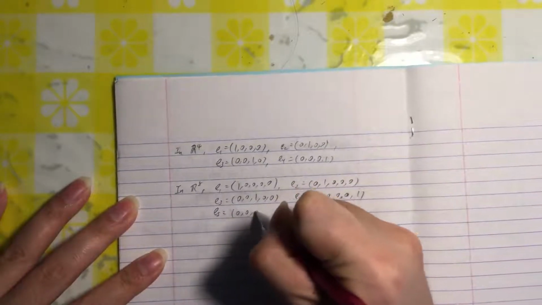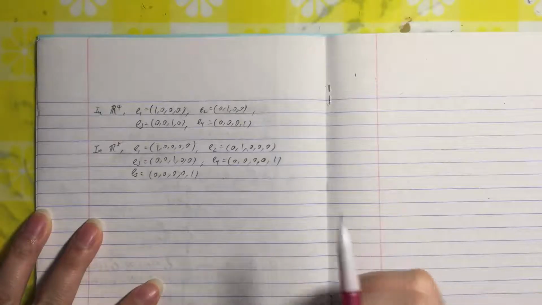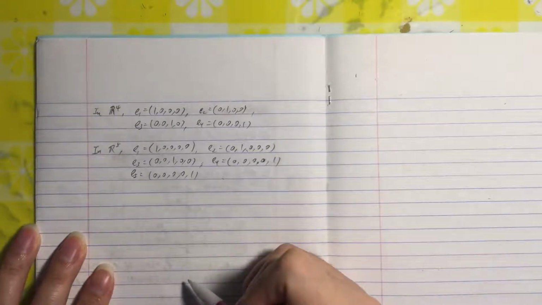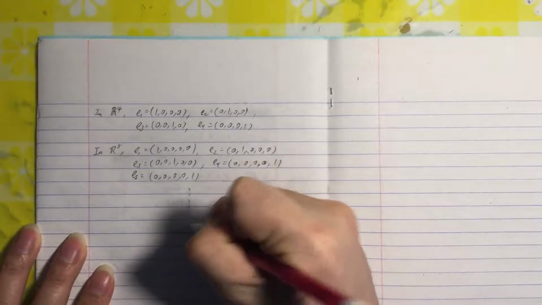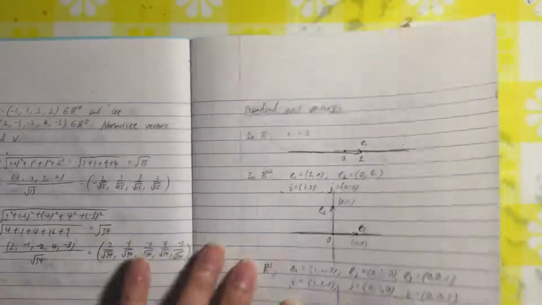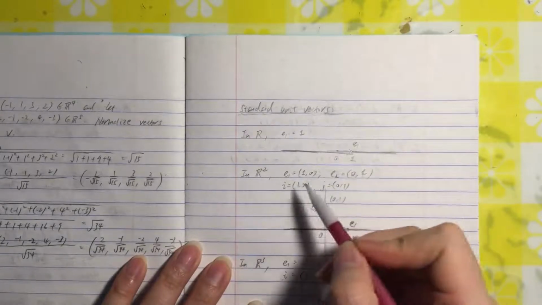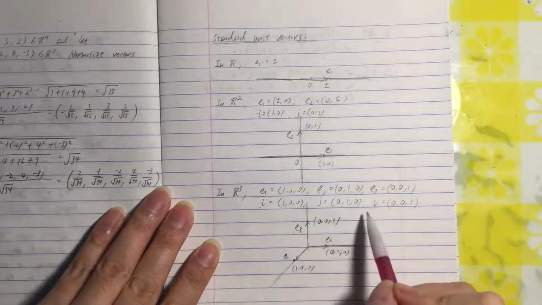E5 is (0, 0, 0, 0, 1). Those are the standard unit vectors in R5. And similarly, in R6, R7, R8, we define the standard unit vectors in a similar way. Only for R2, we use I and J, and in R3, we use I, J, and K.